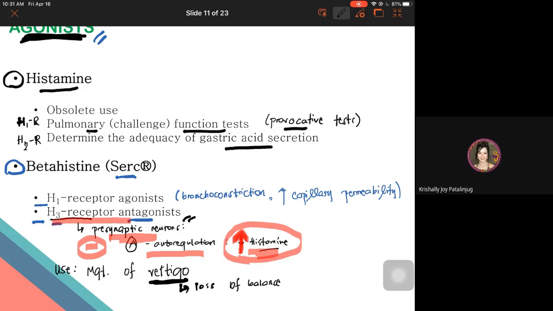That occurs usually due to irritation in the inner part of the ear. Okay, yung inner part of the ear, connected man na siya sa inyong brain. Okay, that is actually very important to maintain balance. Okay, postural balance ba sa inyong body.